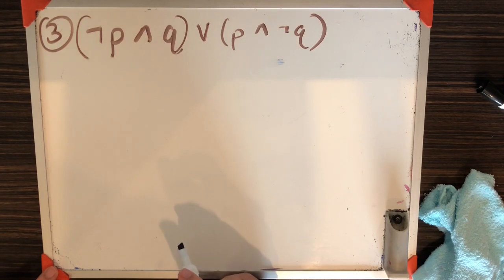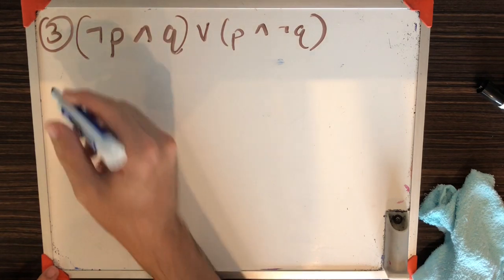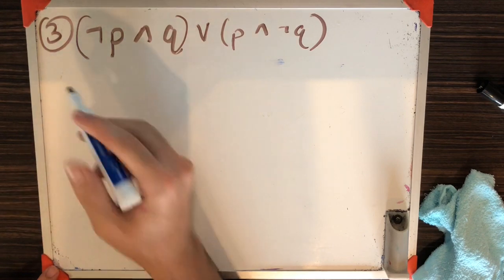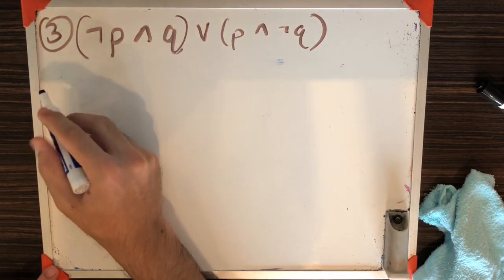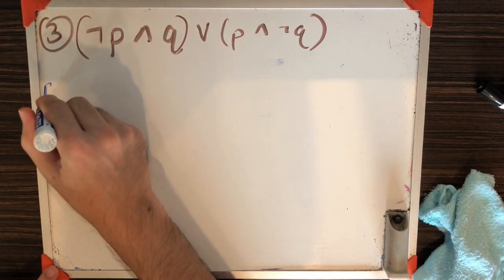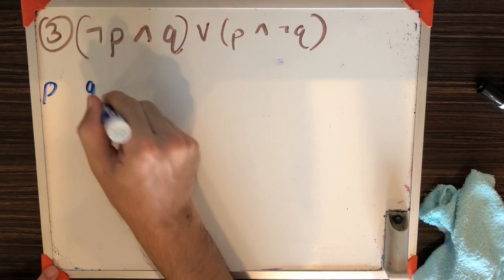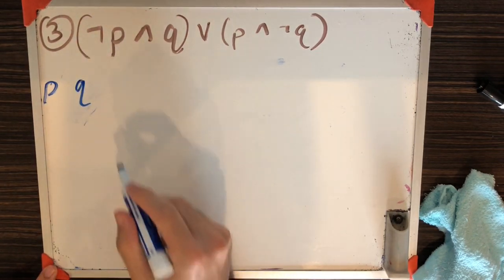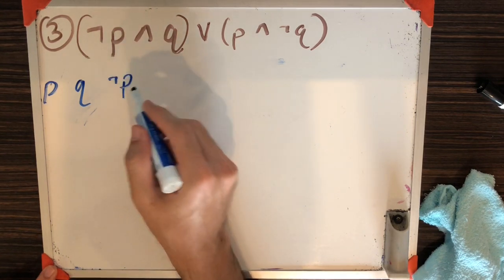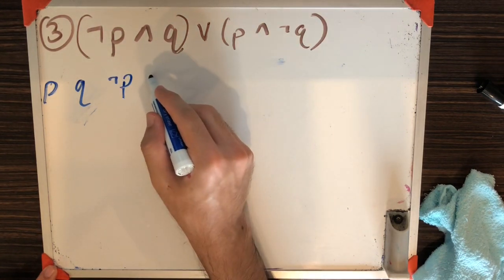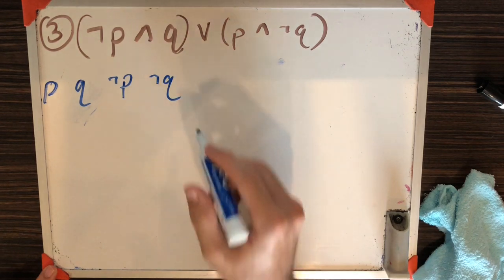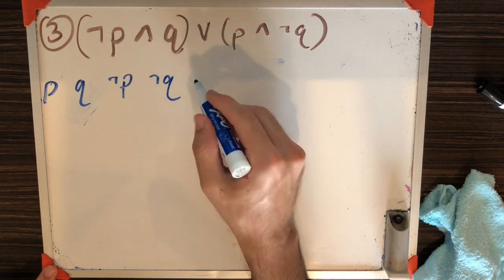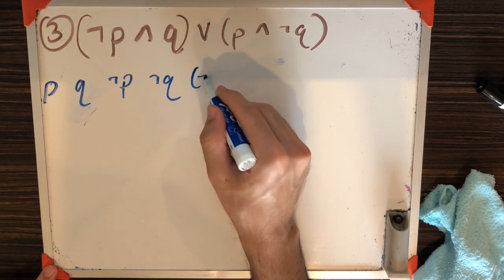Figure out whether it's a tautology, logical contradiction, or neither. Number 3 is going to be a bit of a long one. Let's try to fit everything here. Start with your P's and Q's. We might need more room here. Negate P is represented. Negate Q is represented. We have negate P and Q, so make sure you represent that.